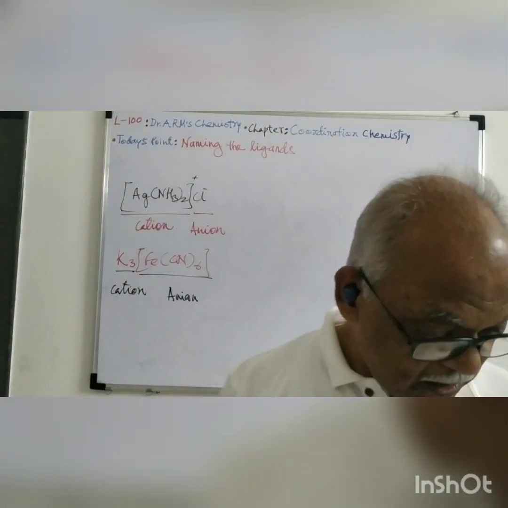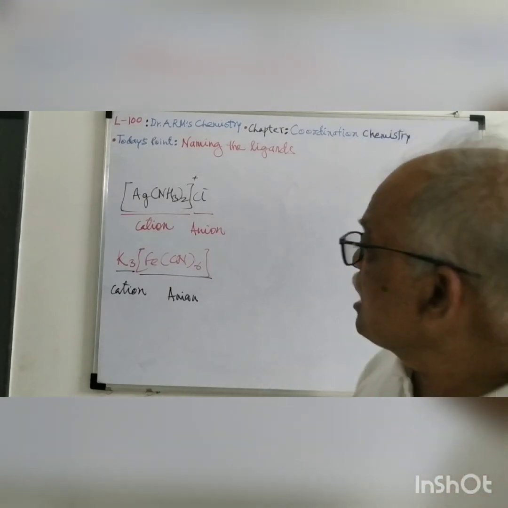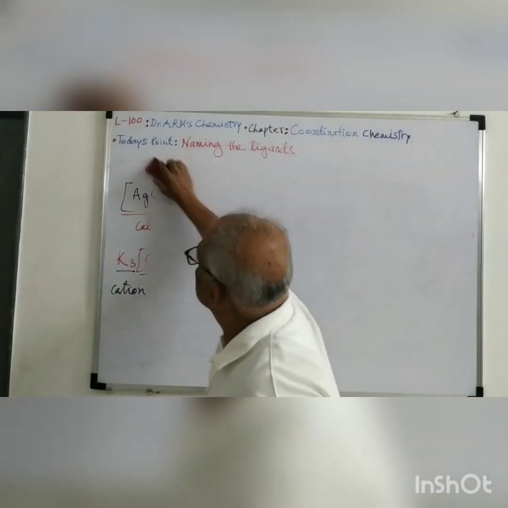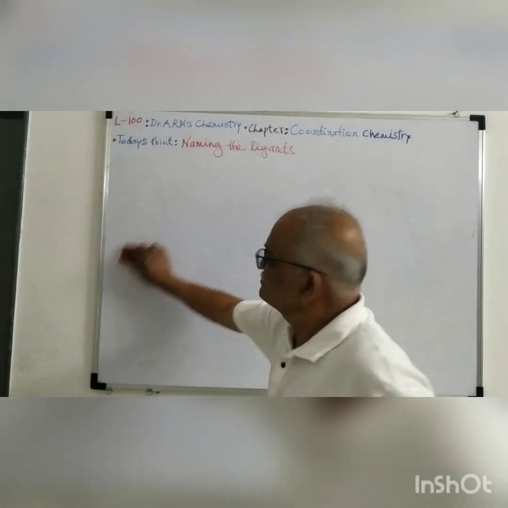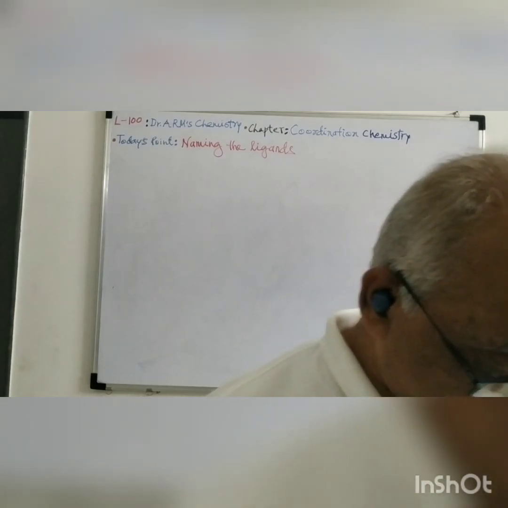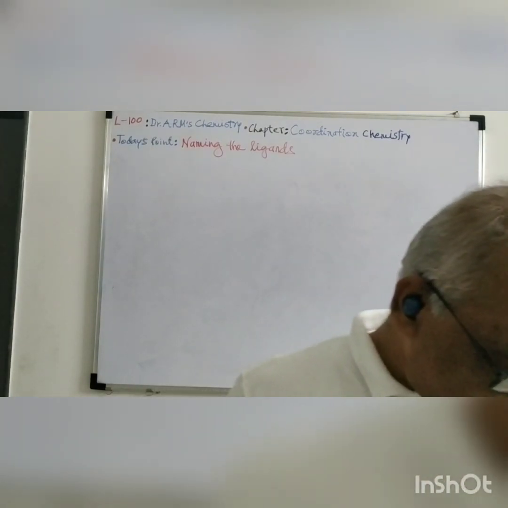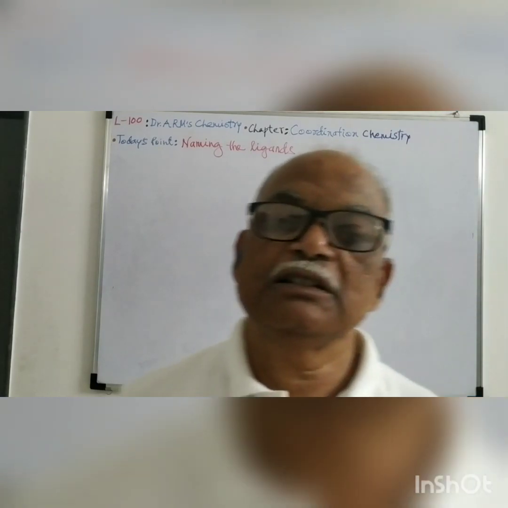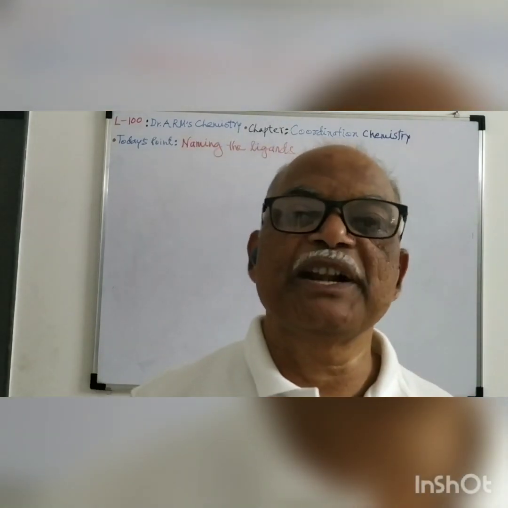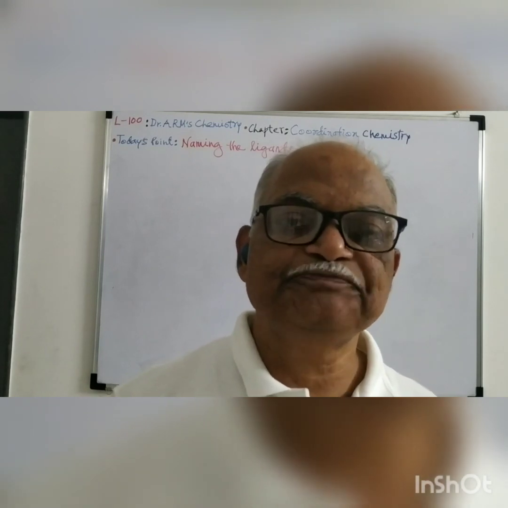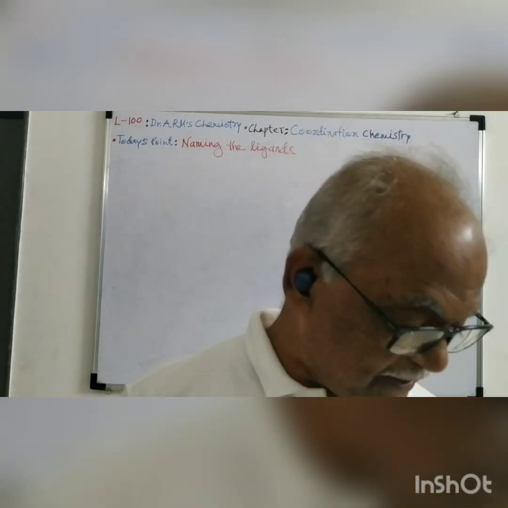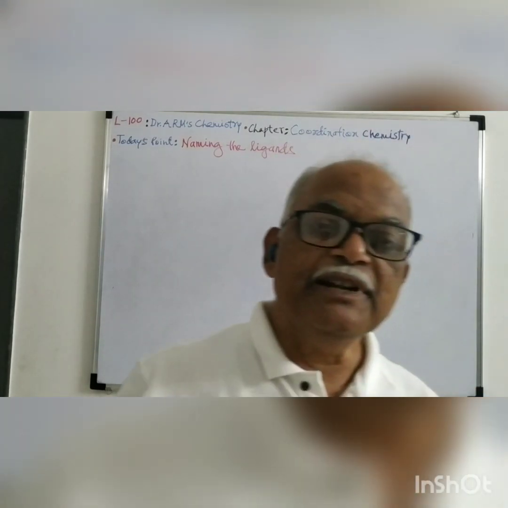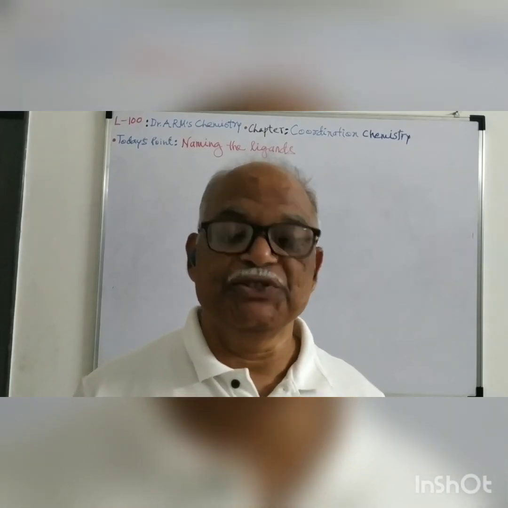Now we will see how to write the names of the ligands. As we have seen earlier, the ligands are monodentate or polydentate, and depending upon this, the naming method also changes.